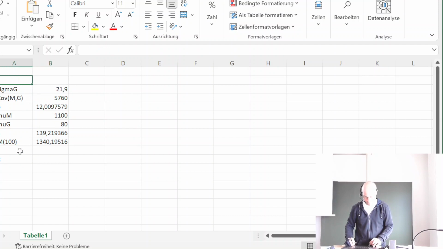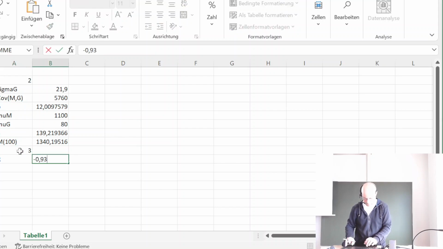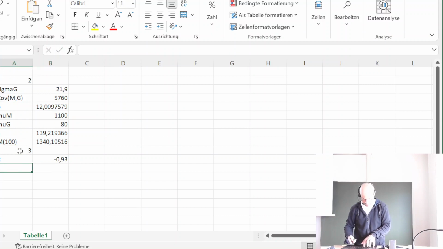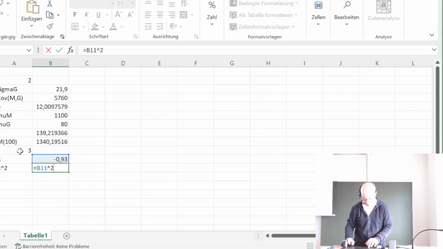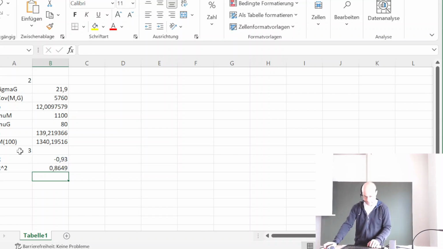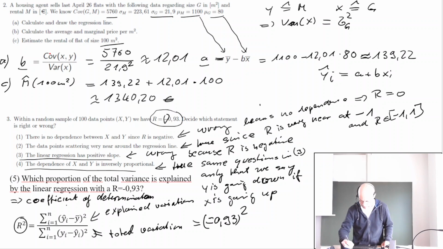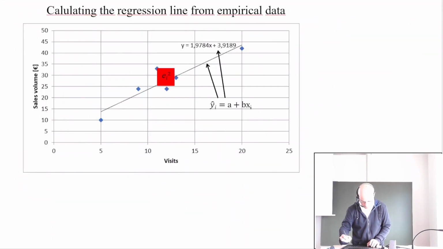This was exercise 3, minus 0.93, and then of course R squared is this squared, roughly 86.5%. How much? 86.5.